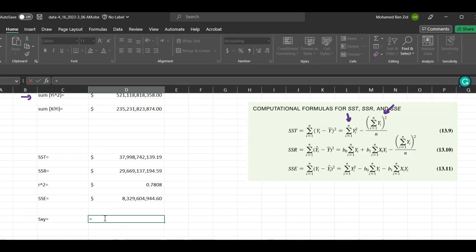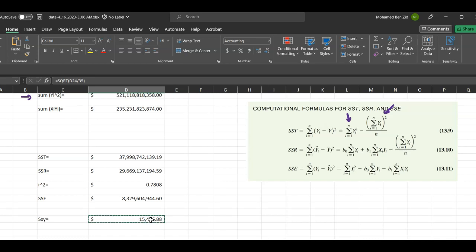In Excel, the square root is SQRT. You click on this, right? So that's the square root. Now I click on the SSE, divided by n minus 2, which is 35, and close the parentheses and enter. So that's going to be 15,426.